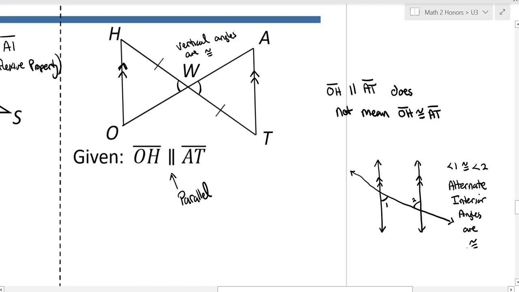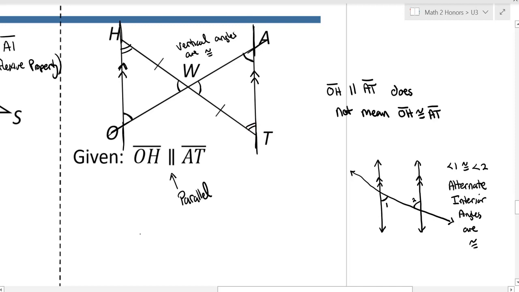Okay, and we have that here. We can think of this angle O congruent to angle A because they would be alternate interior angles. So if you pictured these as parallel lines cut by your transversal here, also angle H would be congruent to angle T. Those would also be alternate interior angles.